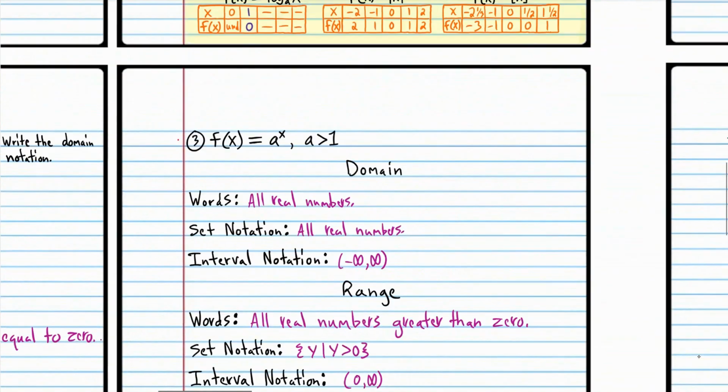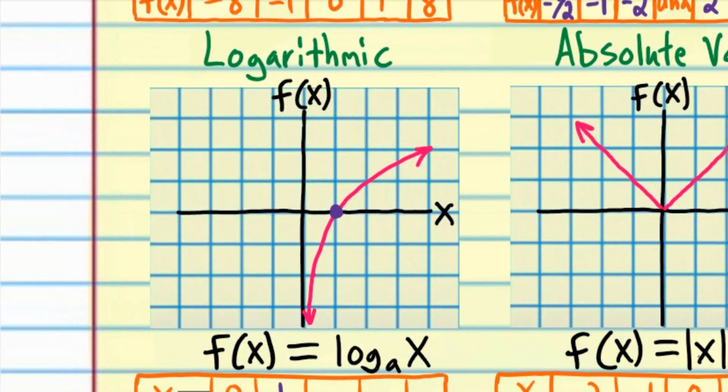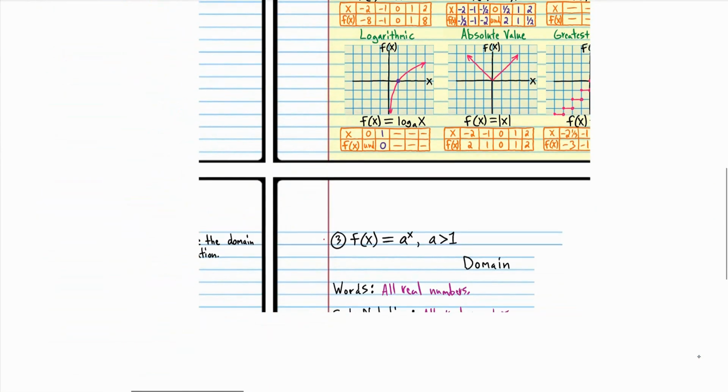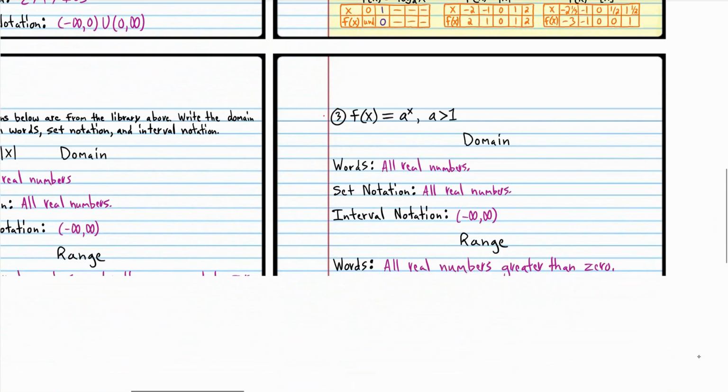Okay, we're back. So if you look at all the x values of the points on this graph, the x values are all real numbers greater than 0. Why is that? Well, because there are no points over here, so there's no negative x values. So the domain is all real numbers greater than 0.